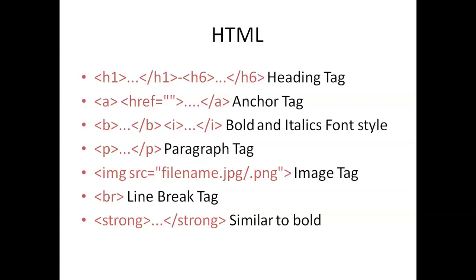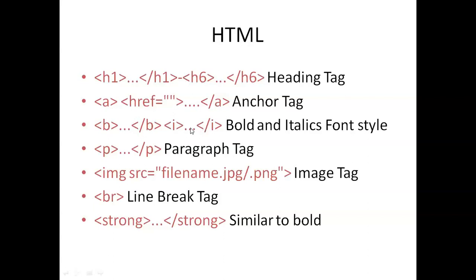Using the anchor tag, we define the content by clicking on which you will be redirected to the other web page. So that link is created using the href attribute.